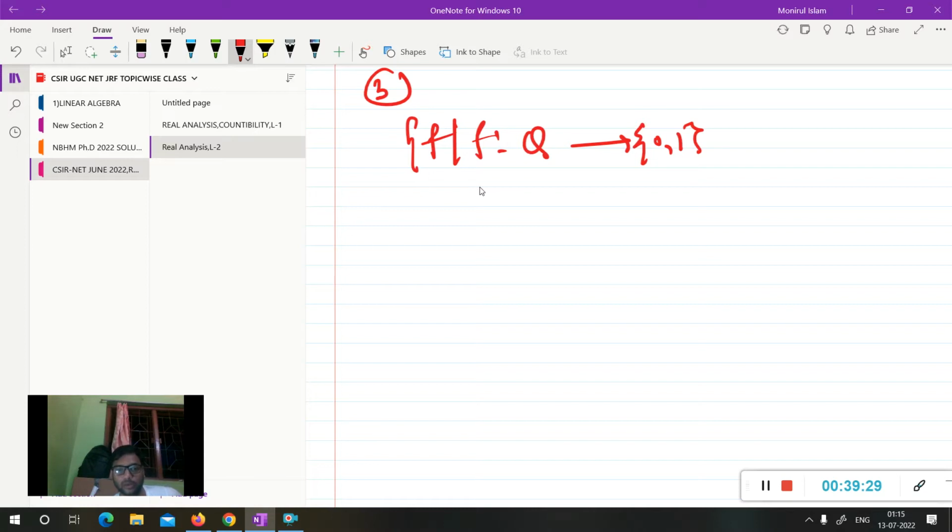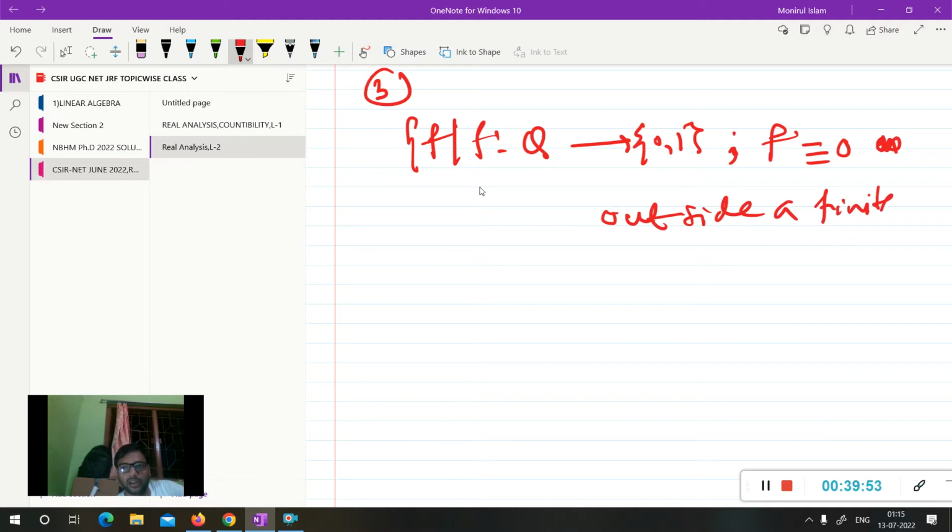But it is not unrestricted; there is a restriction. These are functions from Q to {0, 1}, but the function is identically equal to 0 outside a finite set.